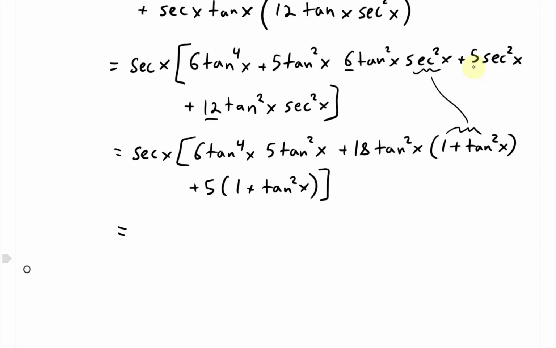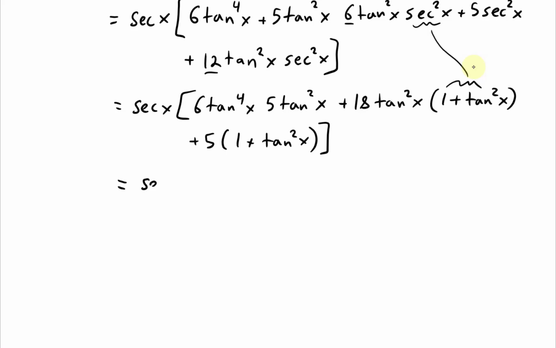Now this equals, let's keep going further. Secant x. Now let's just write a really long one. Let's move this over so that we can get it all in one line.